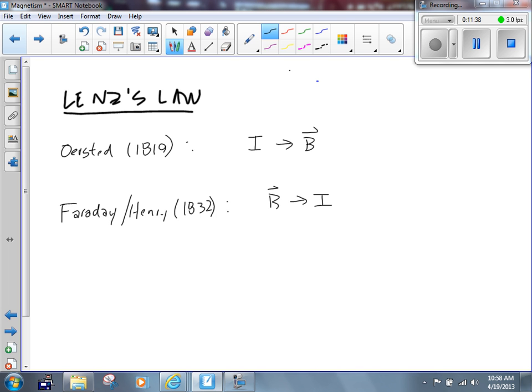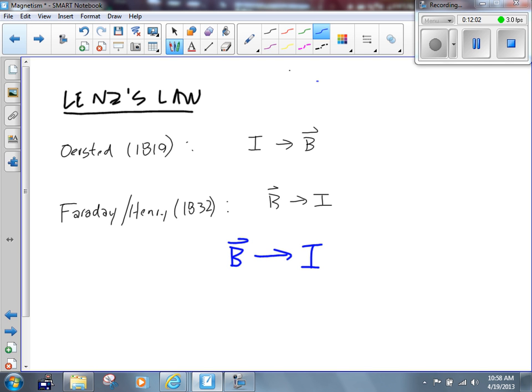Faraday and Henry would have said that when a magnet moves through a conductor, which that copper pipe is a conductor, then we're going to generate an electric current. So when we drop that magnet through the conductor, we generate an electric current. A moving magnet generates an electric current. That's that second condition that we learned with electromagnetic induction.